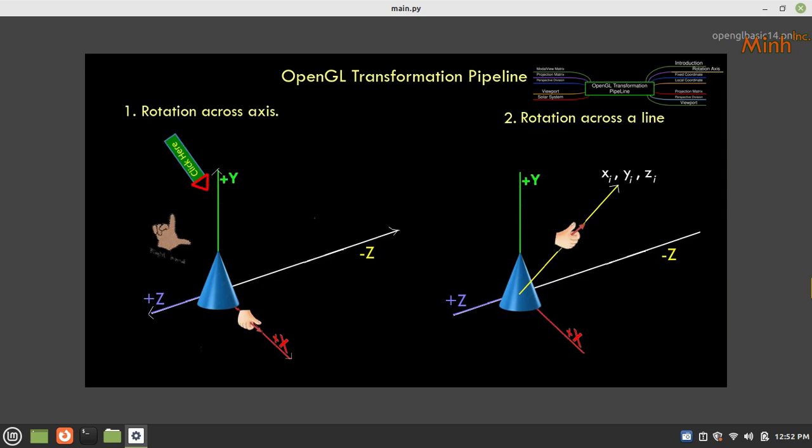We'll see the translation is easy. If I move this cone along the -z axis, then it will move in -z like that. But rotation has some fundamentals. So how do we decide the axis?